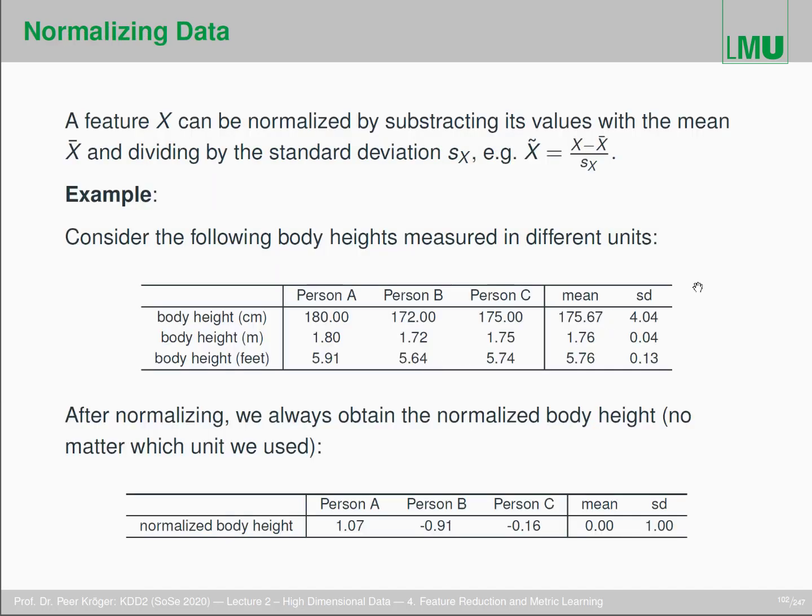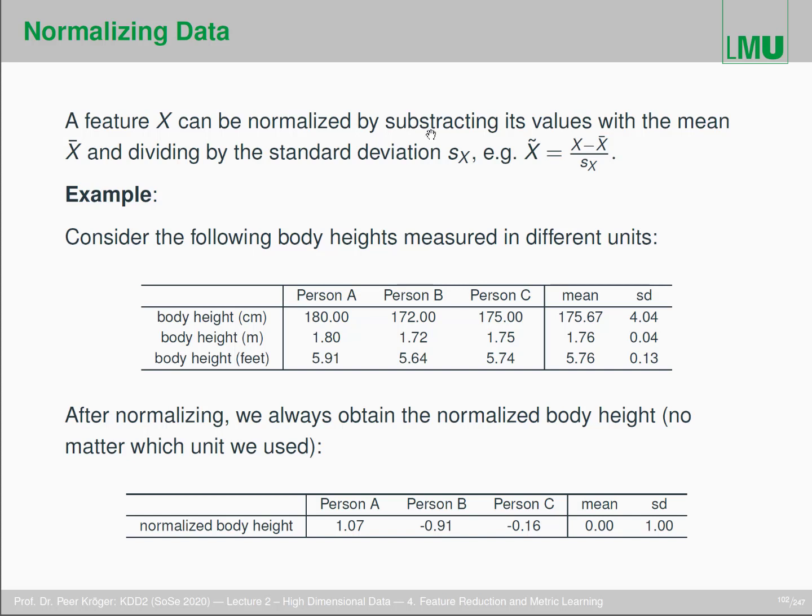Okay, so before we talk about how to compute all that, we should talk about normalization, because PCA typically only makes sense on normalized data. A feature can be normalized by many different procedures.